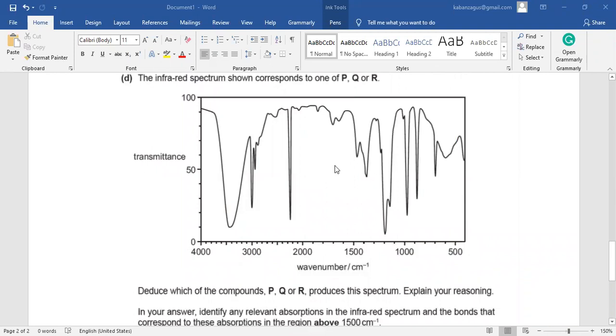Now, if we check again here, all right. So I'll just use this one first. When I check in my data booklet, this is the functional group that may be in here, because we have a strong absorption, look at this one, very strong, but it's actually sharp.